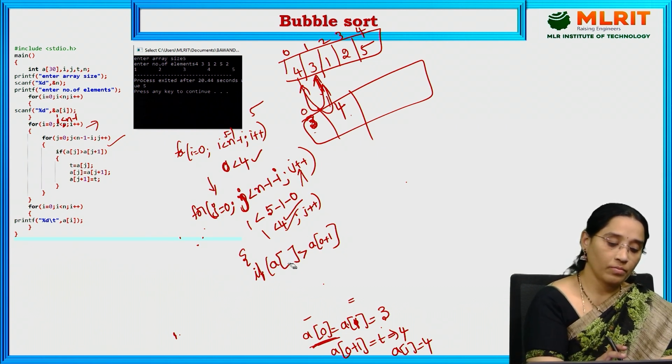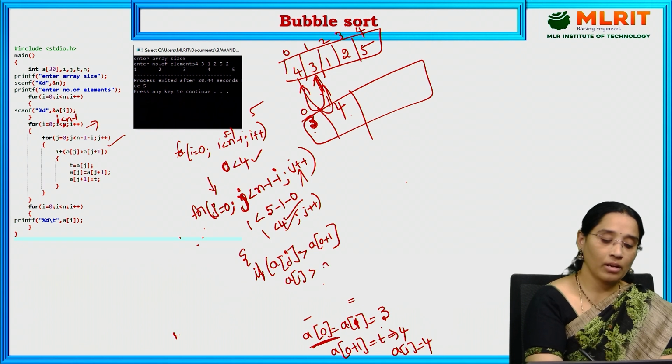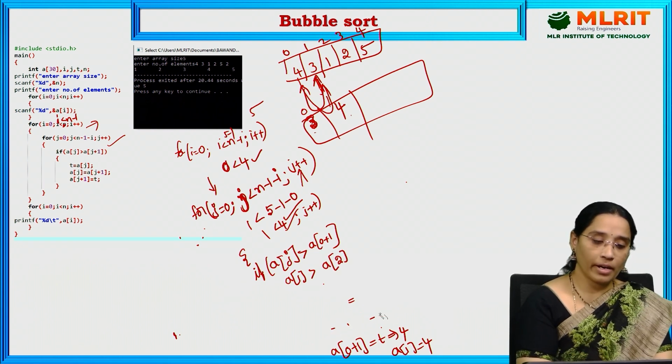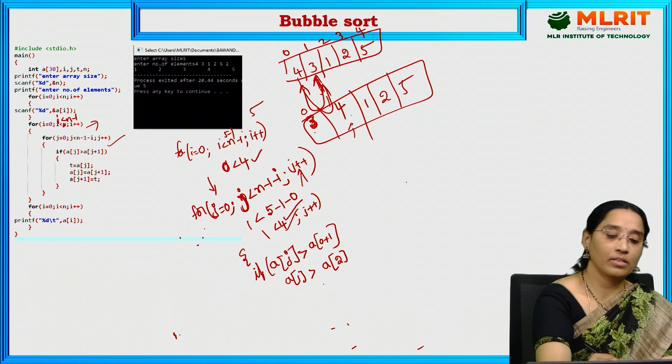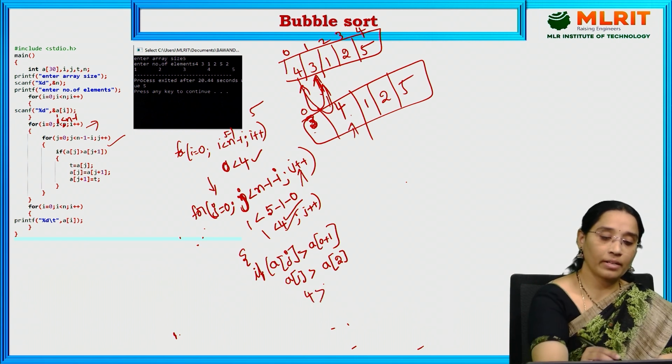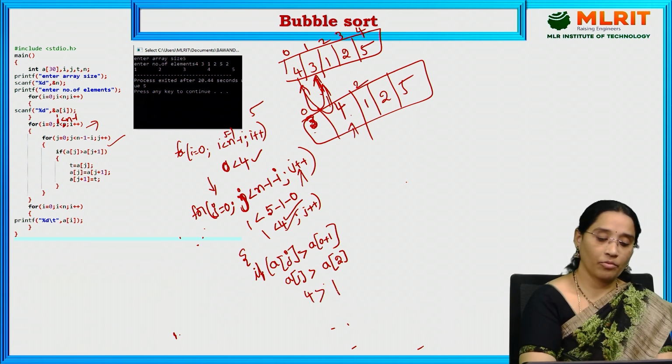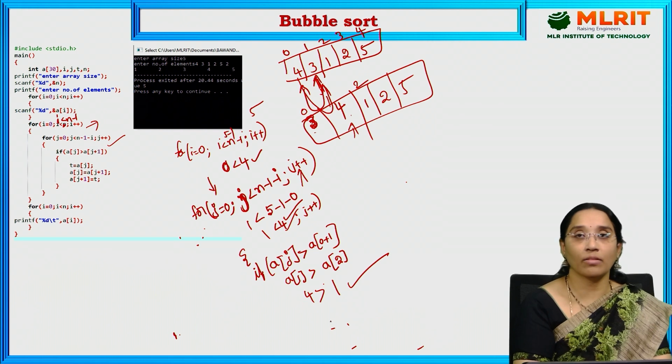The j value is now 1. a of j greater than a of j plus 1: a of 1 greater than a of 2. A of 1 is now 4. 4 greater than 1, condition true.